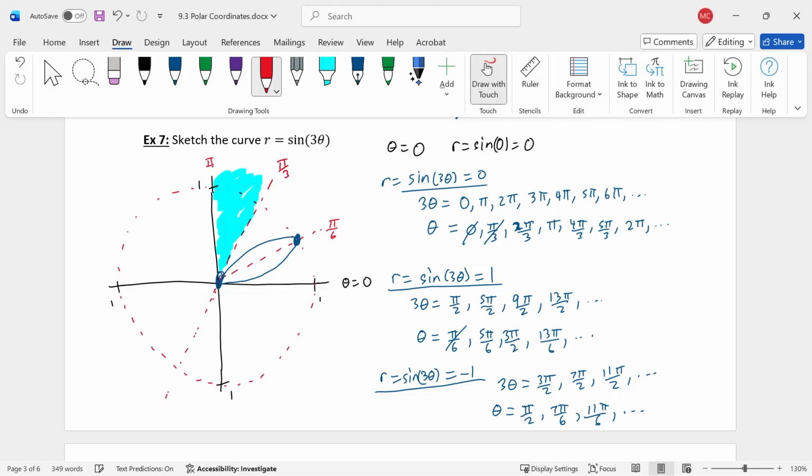At pi over 2, I should have a -1 radius, and so my graph rotates through that portion. And now my next angle, after pi over 2, is going to be 2 pi thirds. So that's over here.